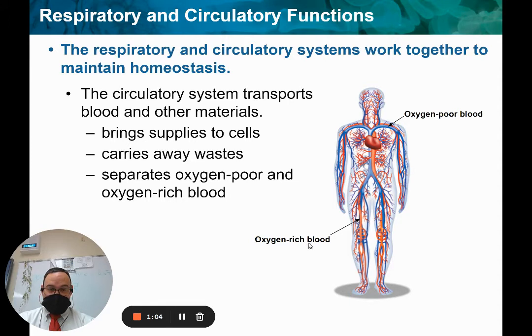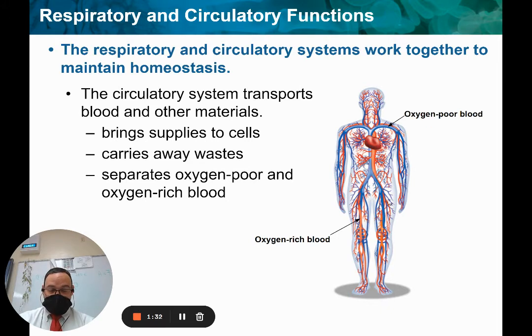Oxygen rich are the ones that come away from your heart, because when your heart pumps blood to your lungs, it picks up oxygen, and then from there it goes back to the heart and to the rest of the body. So I want you to think of oxygen rich blood as being in arteries, because arteries, for the most part, take blood away from the heart. So arteries away. And this term will come up a little later.